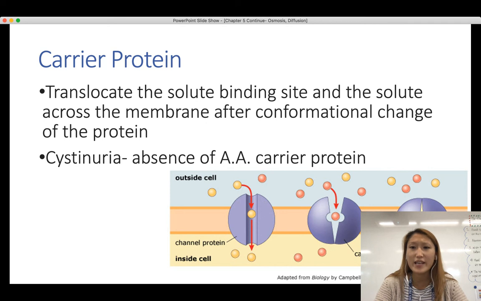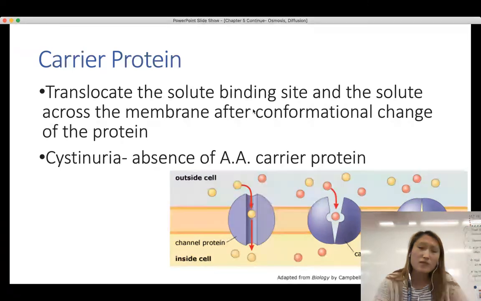So the result is that this carrier protein will open up to the other side of the cell membrane, which allows this molecule to move into the cell. And then once this molecule leaves the protein, the protein will go through another conformational change, and then it will go back to its original shape and have its opening facing towards the outside of the cell.